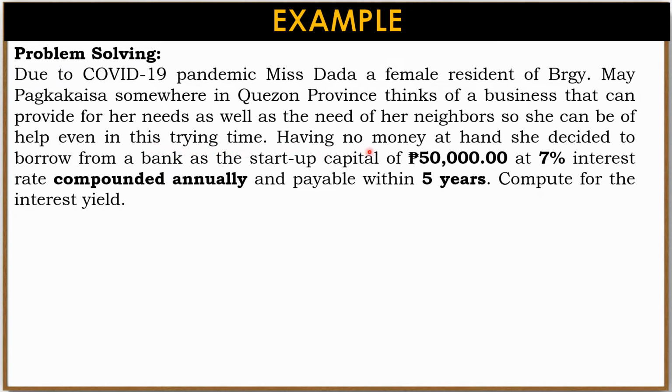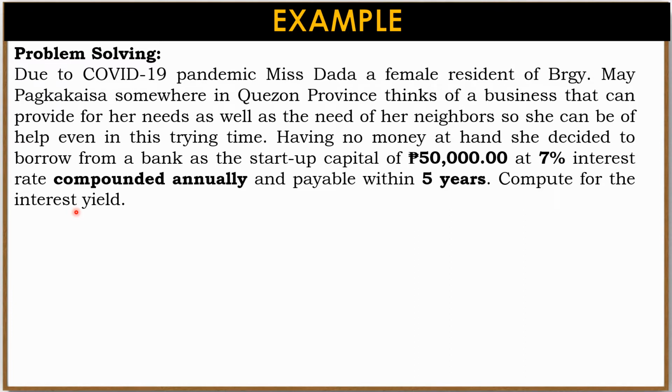Having no money at hand, she decided to borrow from a bank as the startup capital 50,000 pesos at 7% interest rate compounded annually and payable within 5 years. Compute for the interest yield.